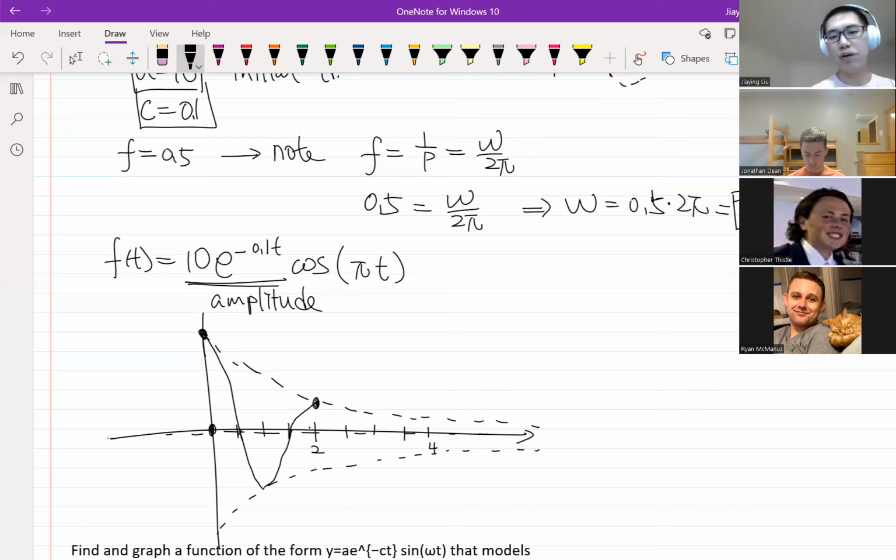And then if we want to graph another period, again it's going to go from the highest, down to the midline, to the lowest, and back to the midline, and to the highest. So that's the second period. And then as we continue the exponential decay function, the amplitude keeps decreasing. So the graph is just going to be smaller and smaller between this minimum and maximum. So that's what the graph looks like.